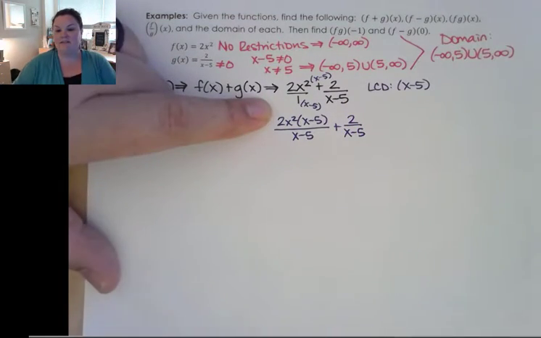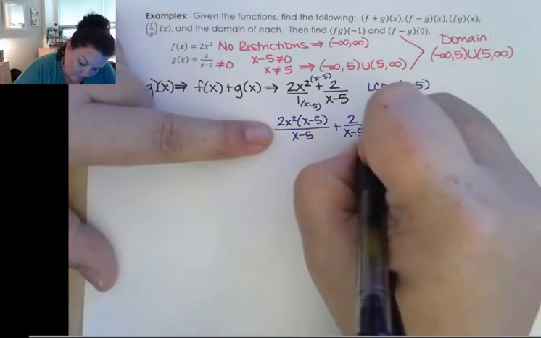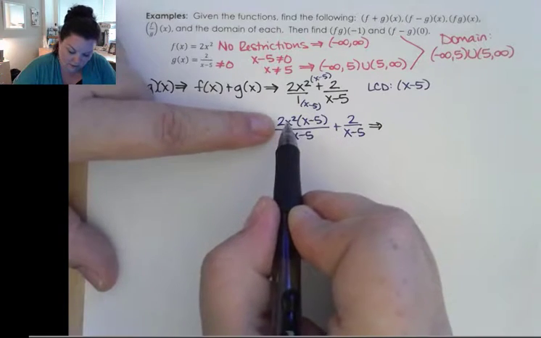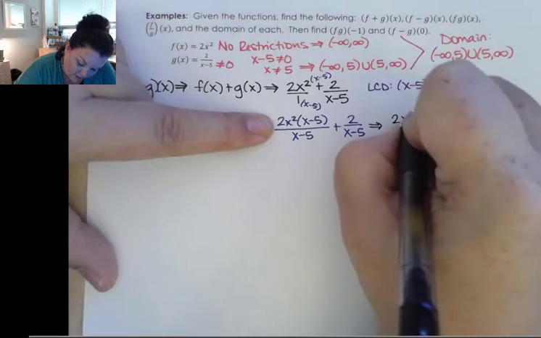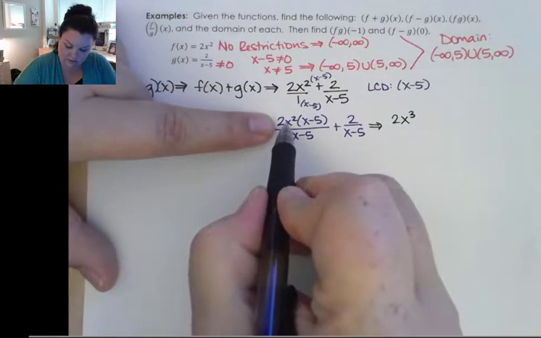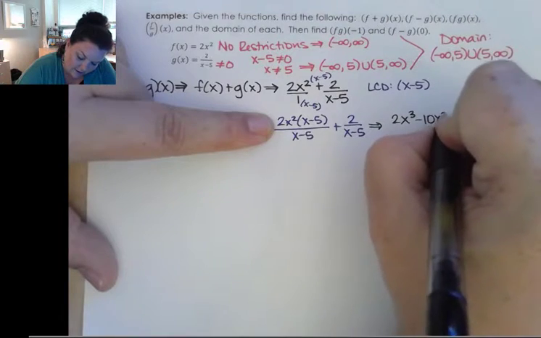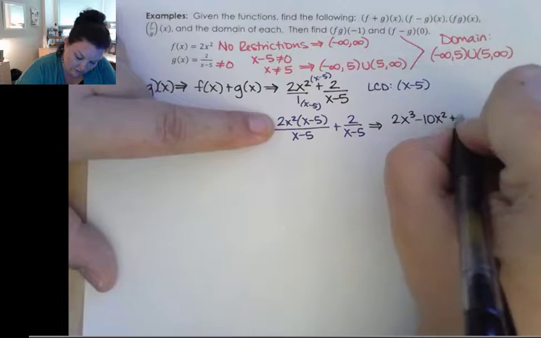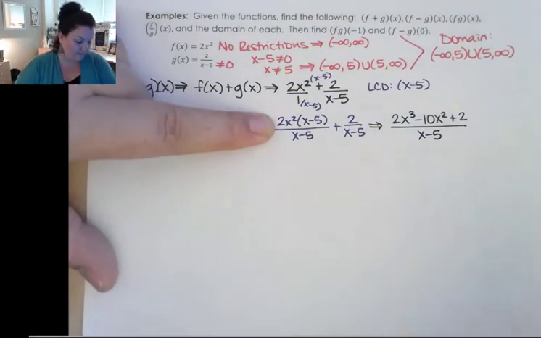And now that they have the same denominator, then I can go ahead and combine the tops, right? And when I combine the tops, I'm going to go ahead and distribute this one. So 2x squared times x is 2x cubed. 2x squared times negative 5 is negative 10x squared, and then I have this plus 2 from the second fraction, all over x minus 5.